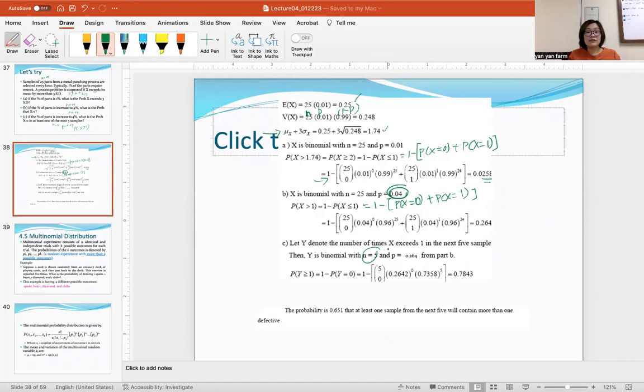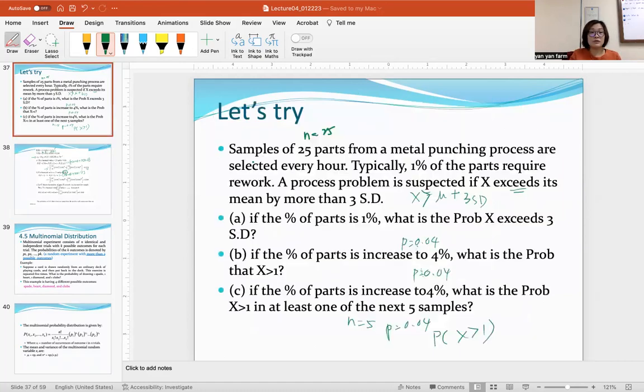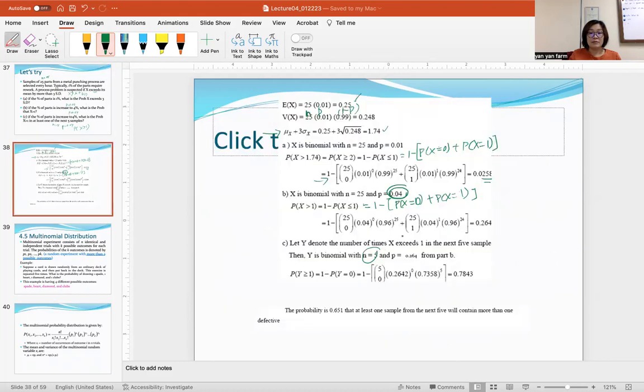My successful rate for X equals to more than 1, 8.264. Is that okay? So in order for me to get my Y more than 1, it equals 1 minus P(Y equals 1, 0).